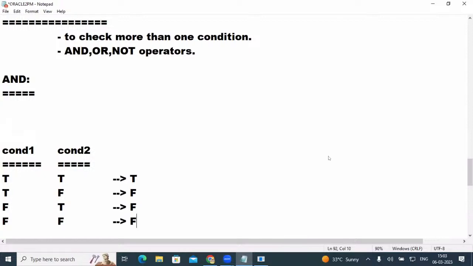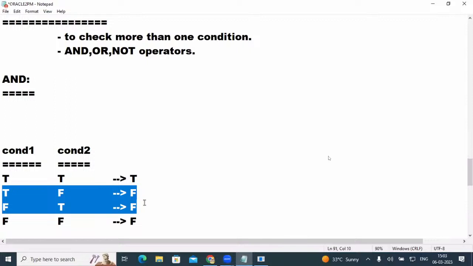Now in this truth table, find out when the value is returned. Only when both conditions are true does it return true. True means a value is returned. If any one condition is false, no value is returned.